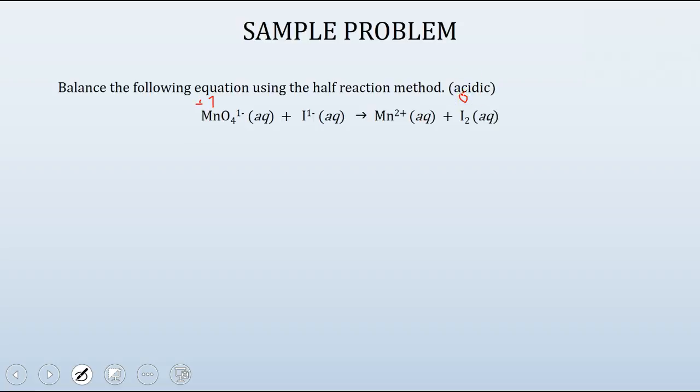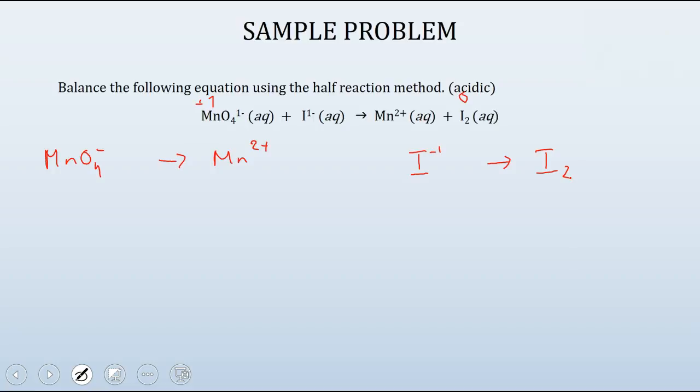So it's pretty clear what our half reactions are here, right? We have the permanganate ion with a -1 going to the manganese +2 ion. We have the iodide -1 ion going to I2.